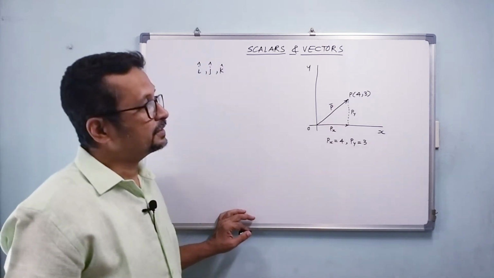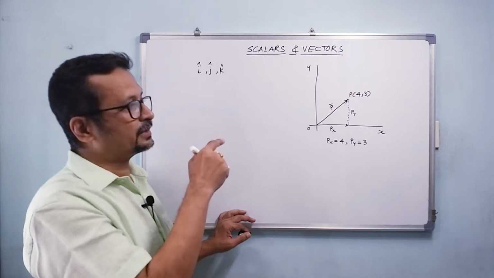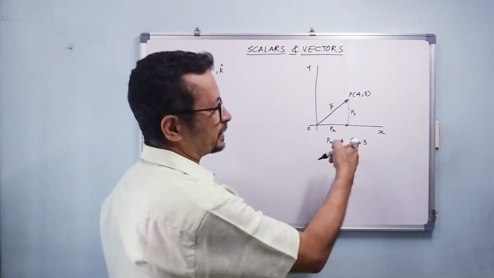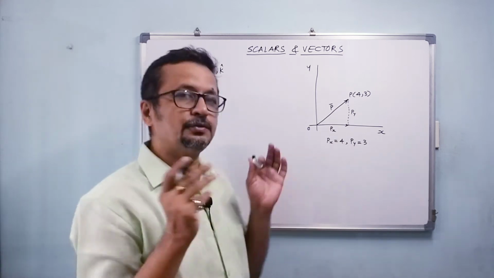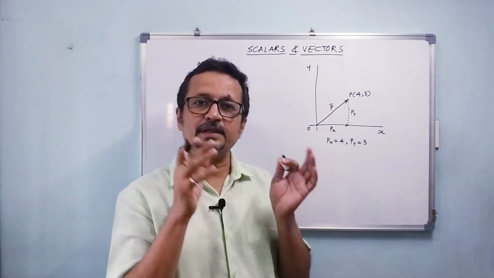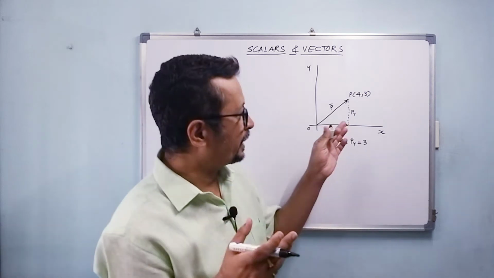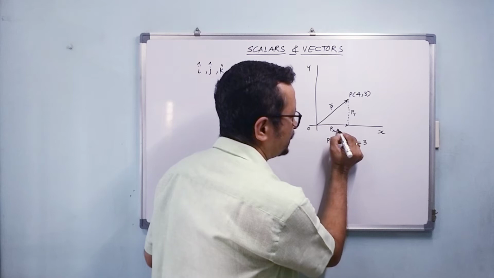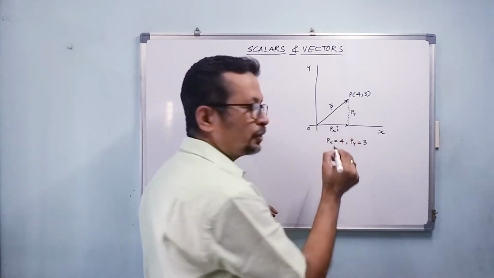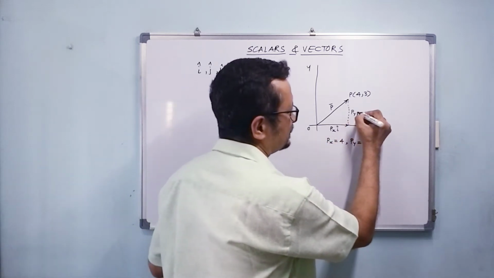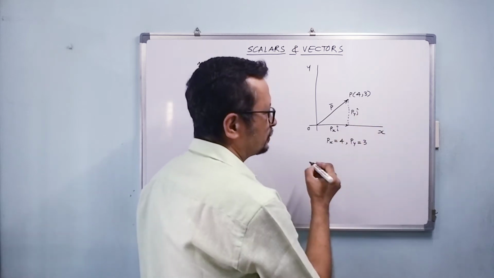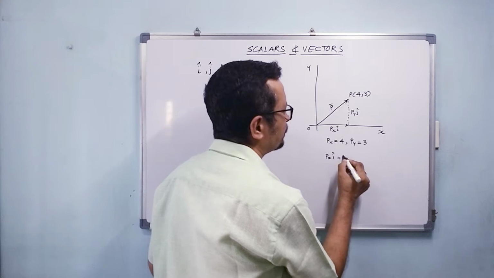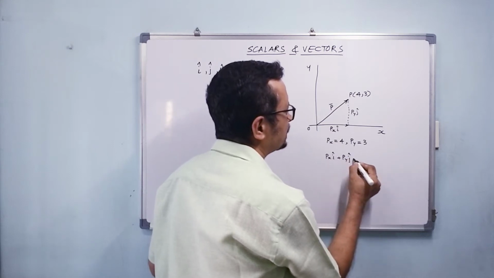But here we need to express vector p bar as the resultant of these two vectors. How do we do that? To px I multiply i cap, and to py I multiply j cap. So px i cap is the horizontal vector and py j cap is the vertical vector. px i cap plus py j cap is equal to p bar.